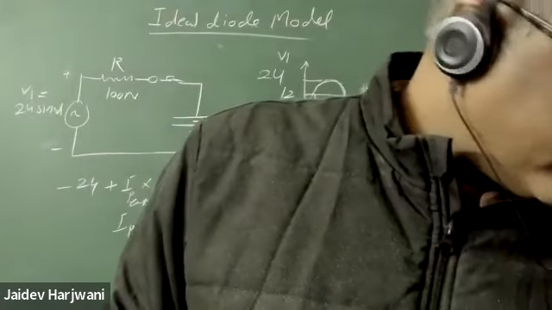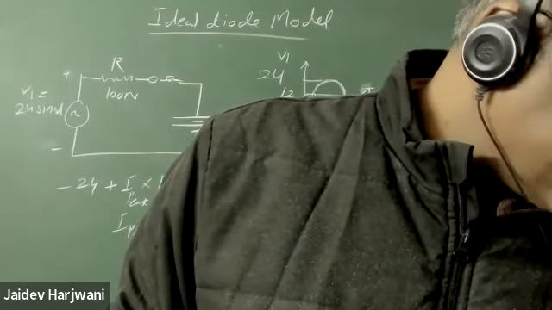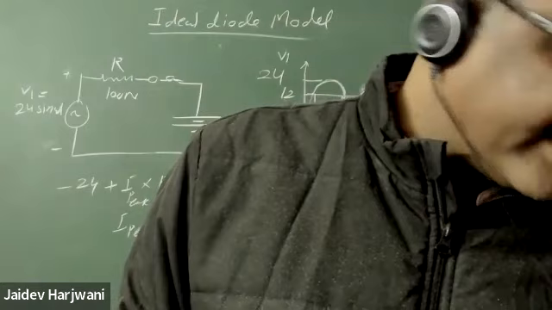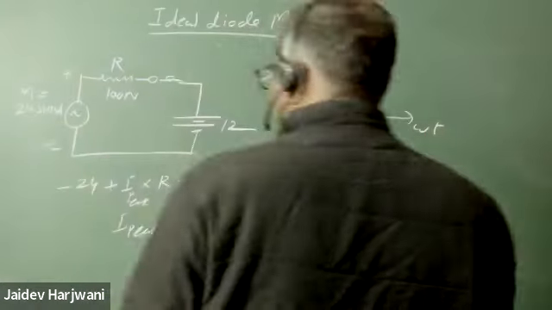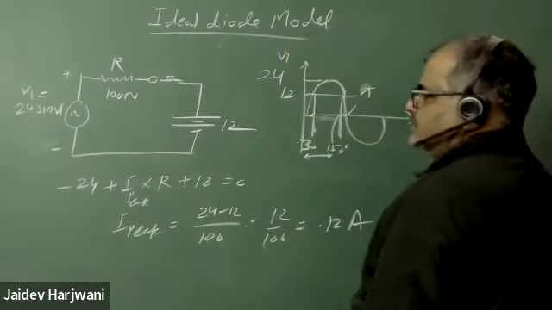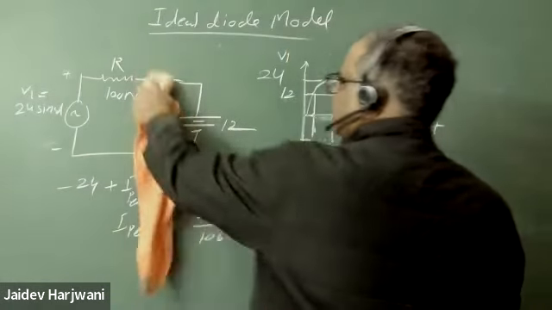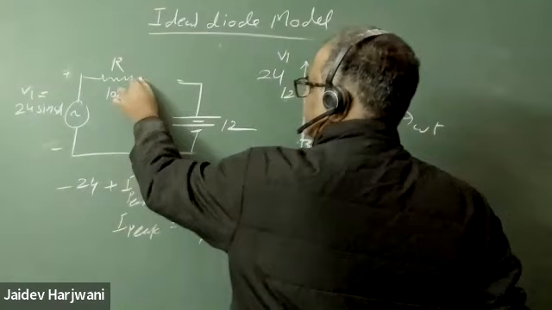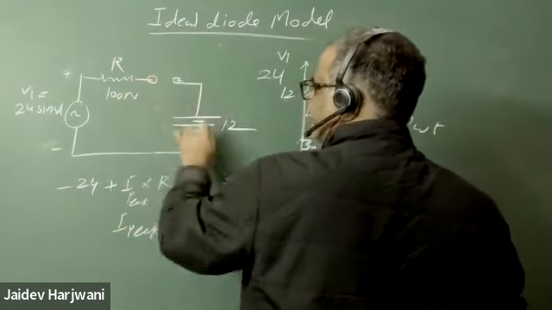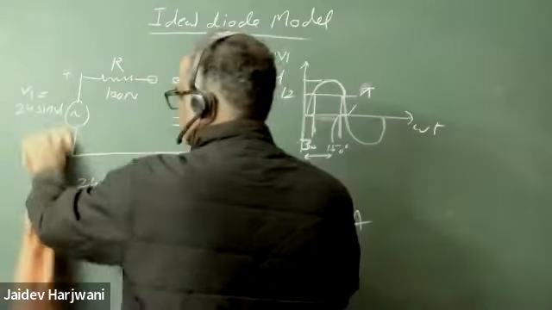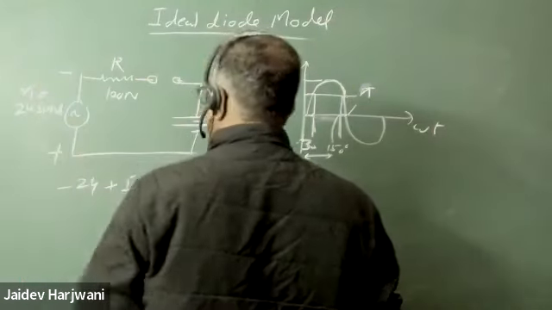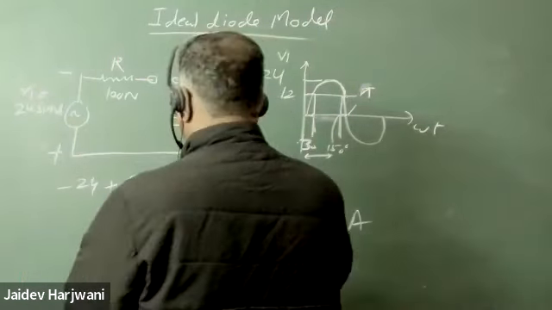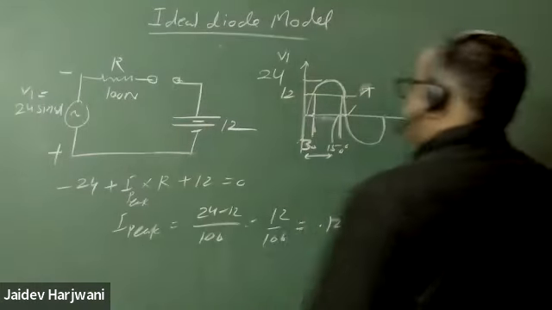Now, in the third question, they are asking the maximum reverse bias voltage on the diode. The diode is already reverse biased, so it will be open, with minus on this side and plus on this side.